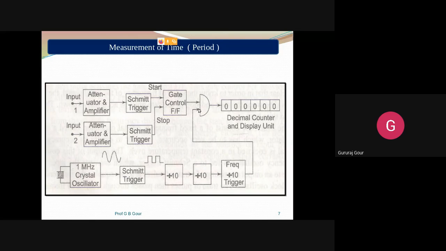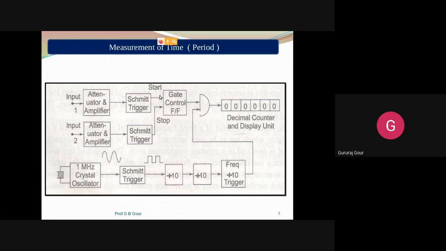Means you are going to measure the time period in the 1 kilohertz range. Understanding? Or the reciprocal of that, 1 millisecond: it cannot measure less than 1 millisecond. That's what you are telling the DTM. Okay. So this is the time scale selection you are getting from this time-base selector circuit.